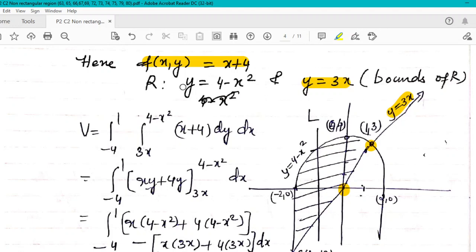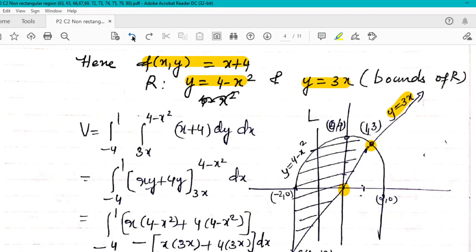Now we are going to sketch y equal to 4 minus x square. We have been doing various parabolas. Like we have done y square equal to 4x, a parabola of this type, and y square equal to minus 4x, a parabola of this type.